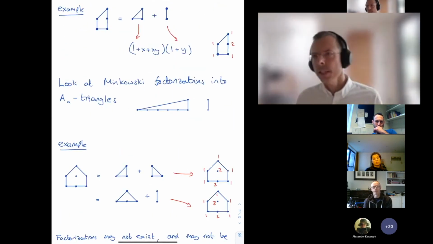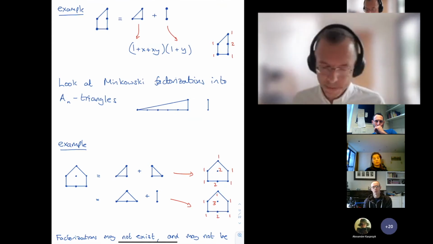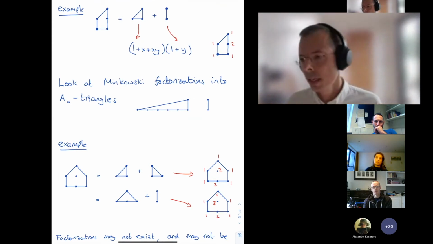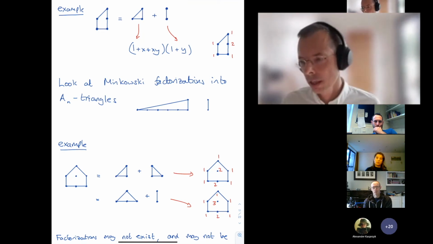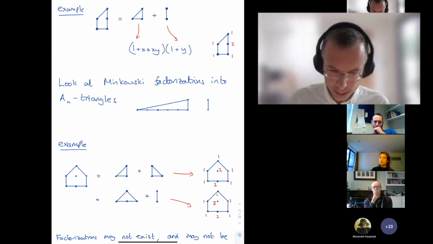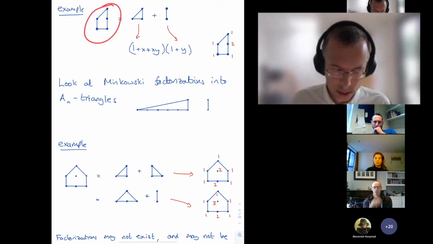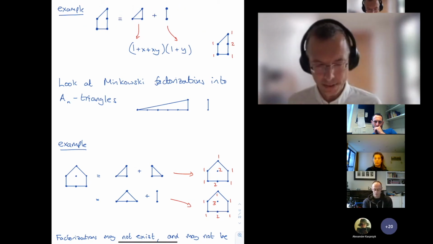Okay, so suppose I give you one of these 3-dimensional reflexive polytopes. What do you do? Well, you look at the facets that occur. So suppose you see a facet like this, and you take its Minkowski factorization.